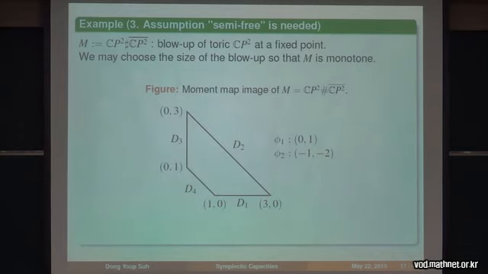And the moment map image of this blow-up manifold is like this. It's a polytope. The action is not semi-free. The orbit space is just this polygon.